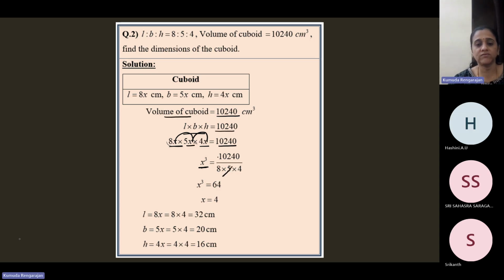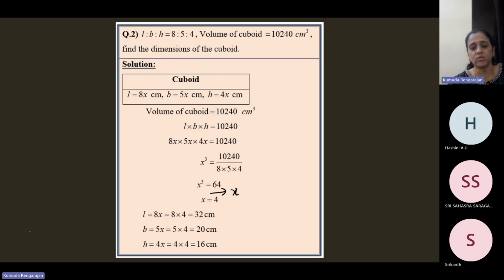Okay, so 5 ones are 5, 2 fives are 10, 0; 5 fours are 20, 4, 8. 4 ones are 4, 5 fours are 20, 2. 8 ones are 8. You must cancel. After cancelling, you get 64. x cubed is equal to 64. So x is equal to the cube root of 64.